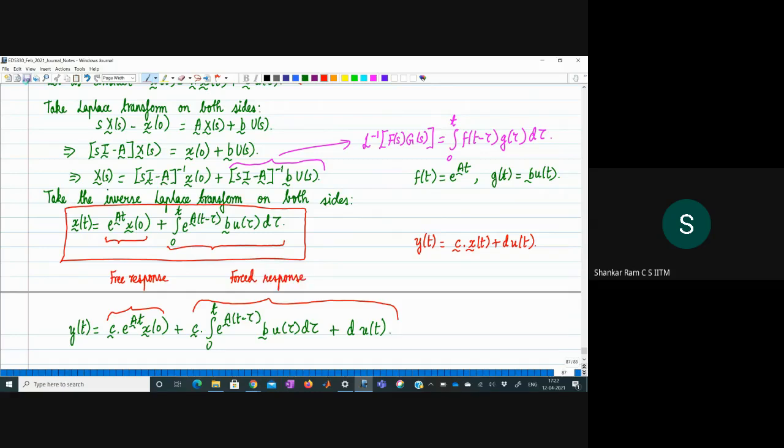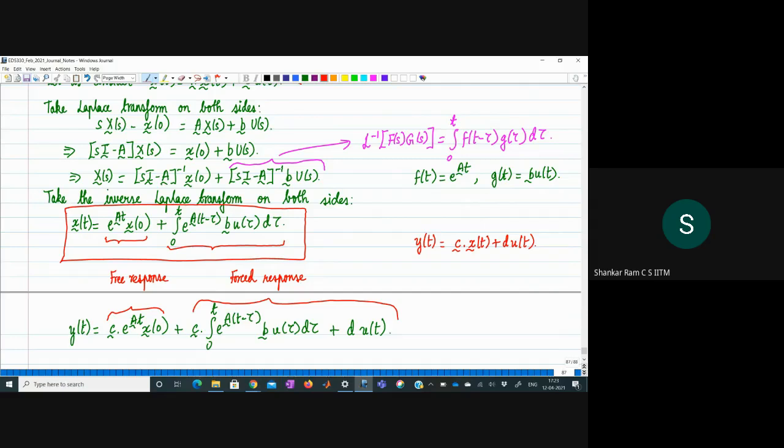If you look at the transfer function representation, as we have already discussed, we will be mainly focusing on the forced response. Why? Because we consider all the initial conditions to be zero when we derive the transfer function. On the other hand, if we consider the state space representation, we will consider both the free response and the forced response.